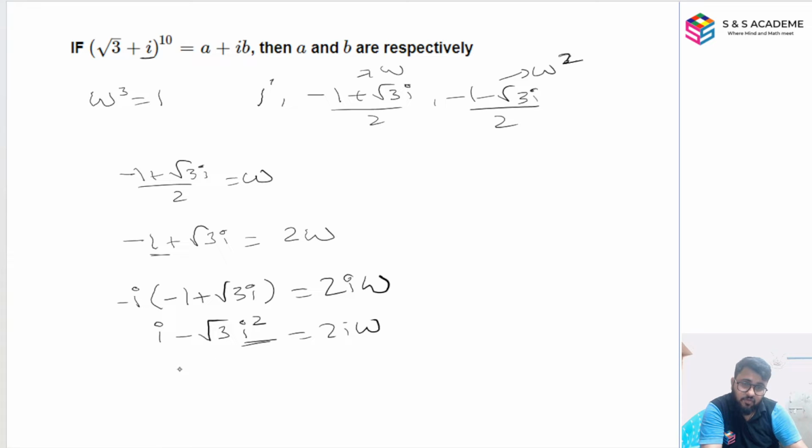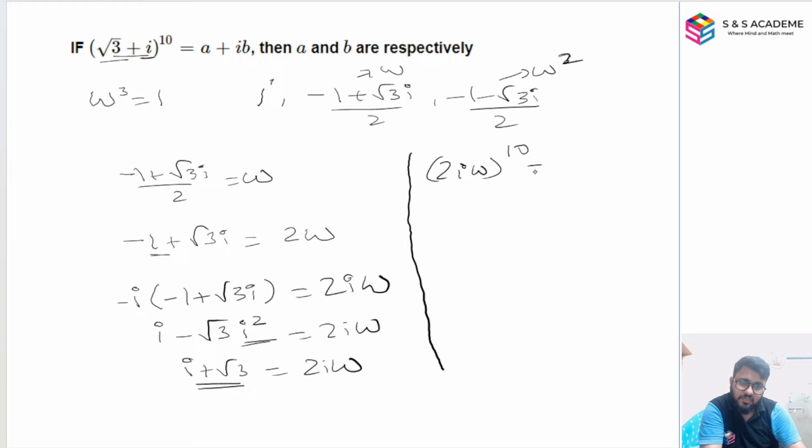So minus 1 into minus gives you plus, so i plus root 3 is equal to 2i omega. And now magically you have the same thing here. So now you can just substitute 2i omega here, so you have 2i omega, the whole power 10, is equal to a plus ib.